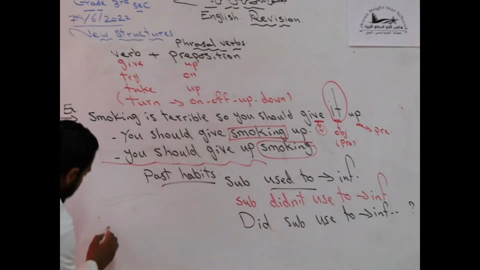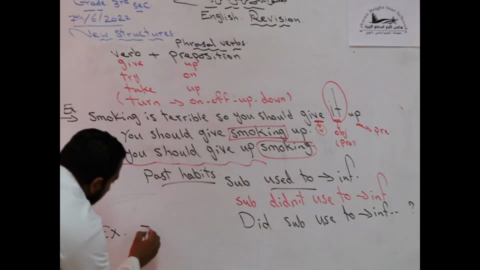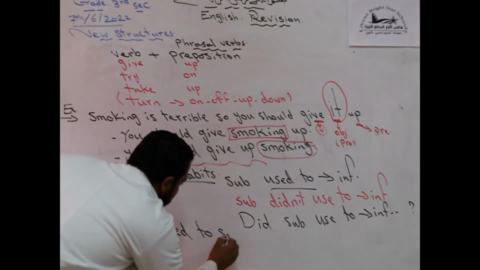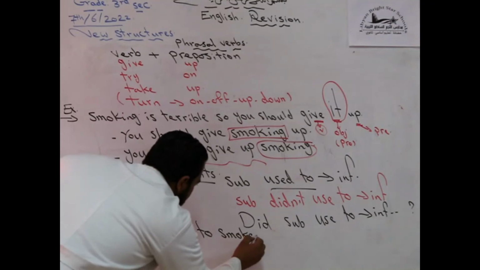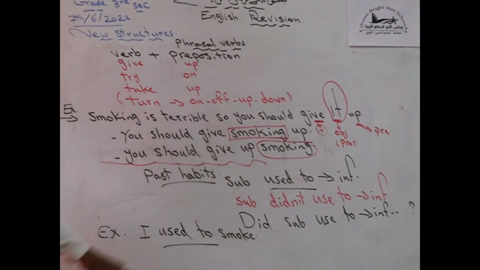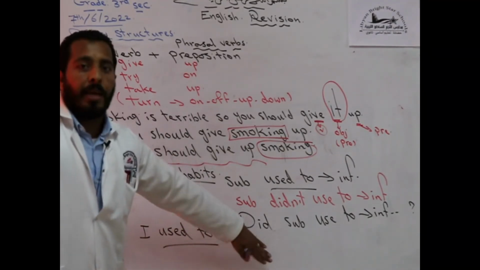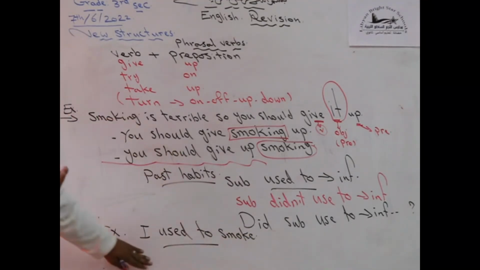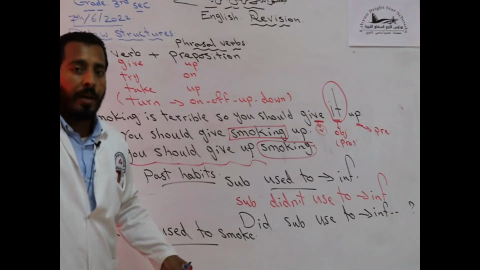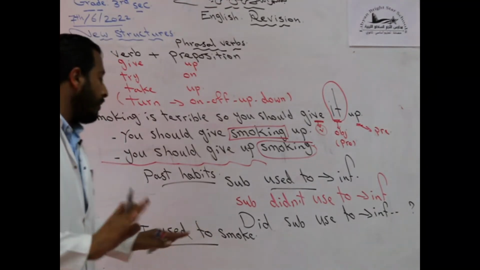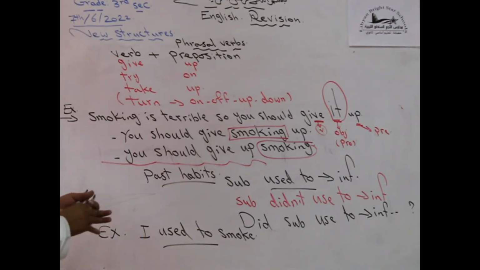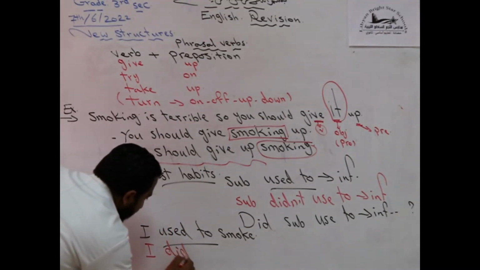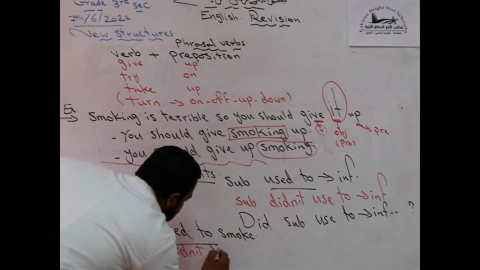For example, I used to smoke. When I say I used to smoke, it has the same meaning as I don't smoke now. It was my habit in the past to smoke, but now I don't smoke anymore. To change into negative, we say I didn't use to smoke.